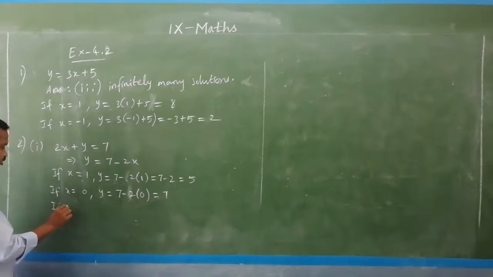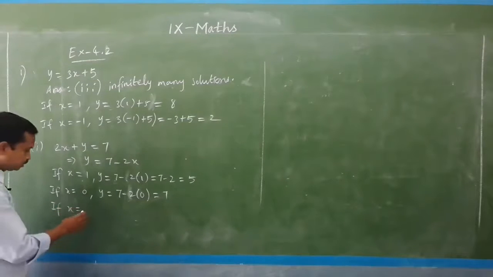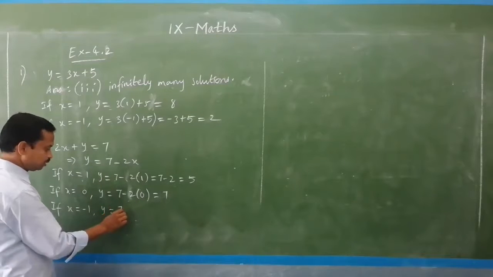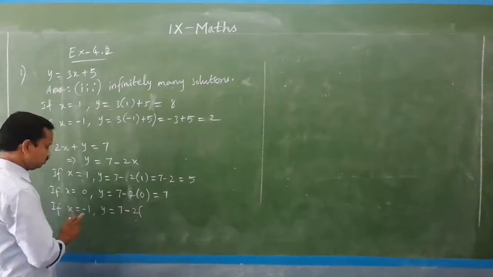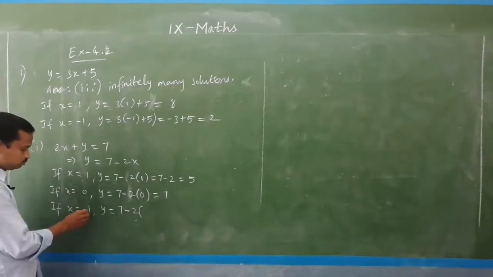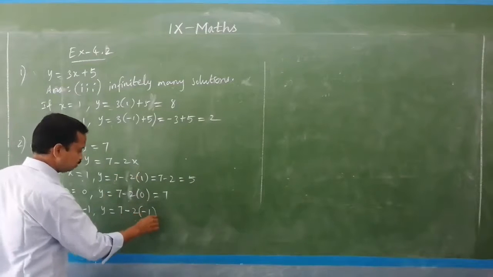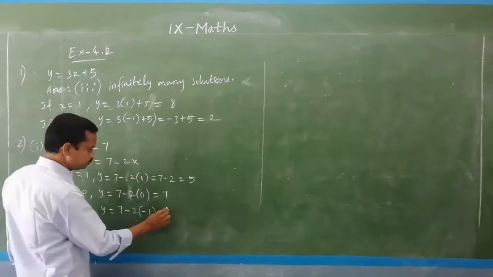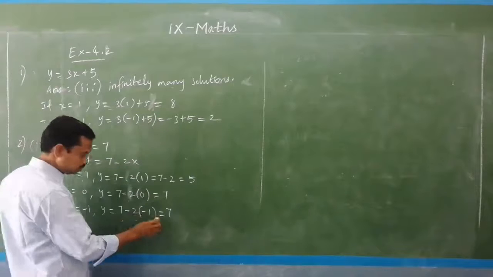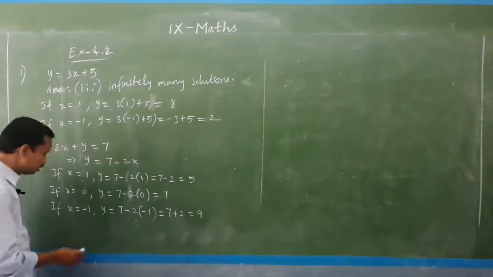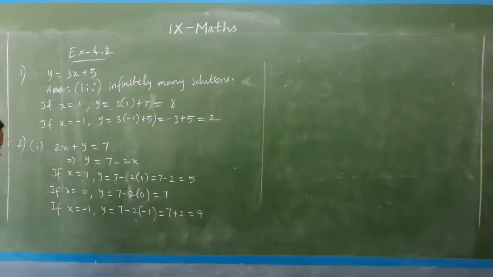They are asking how many solutions? 4. So, x equal to minus 1, then y equal to 7 minus 2 into x, which is minus 1. So, 2 into minus 1: 7 minus into minus plus 2. This is 9. Clear? How many solutions have we found so far? 3.